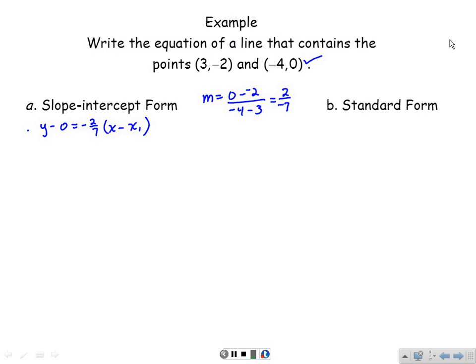Oh, well, I know what x1 is. Let's plug in a negative 4. There we go. Alright, so we have y equals, because the 0 just goes away, and then if we do distribute through, we'll have negative 2/7 x. This goes to plus, so in all actuality, when everything's said and done with, it's going to be a negative 8 over 7.